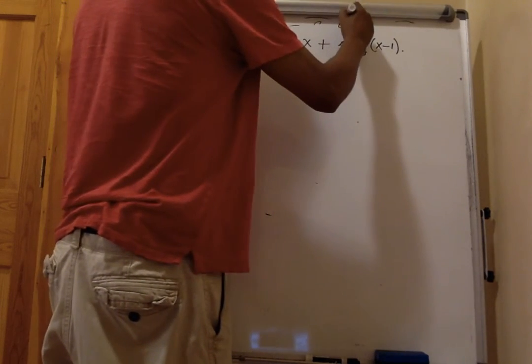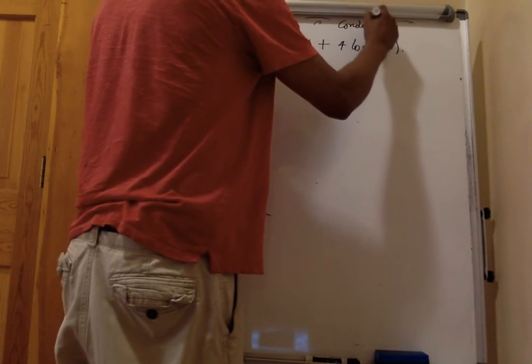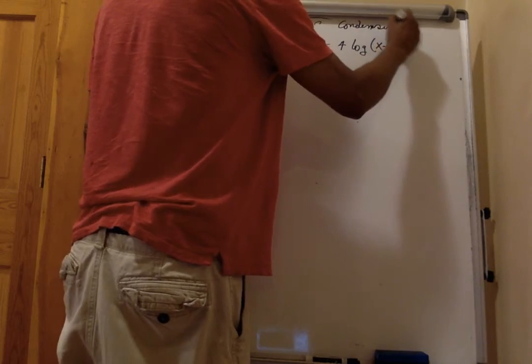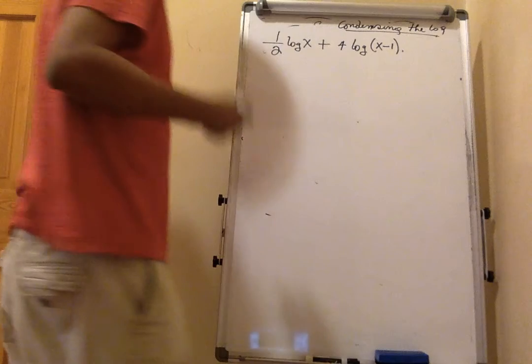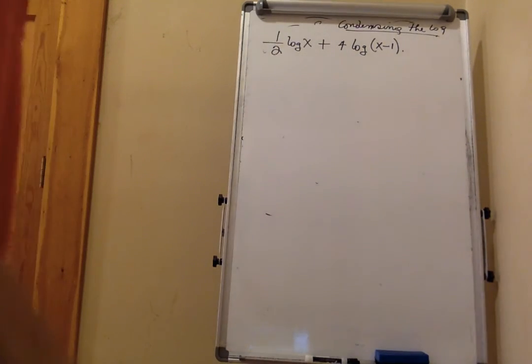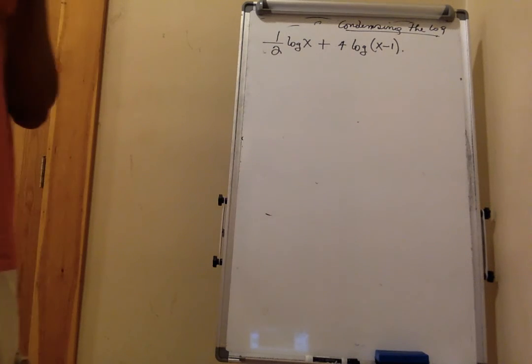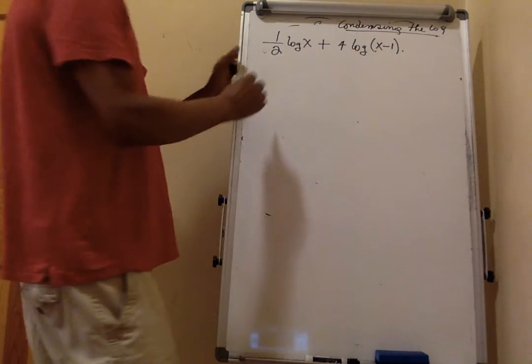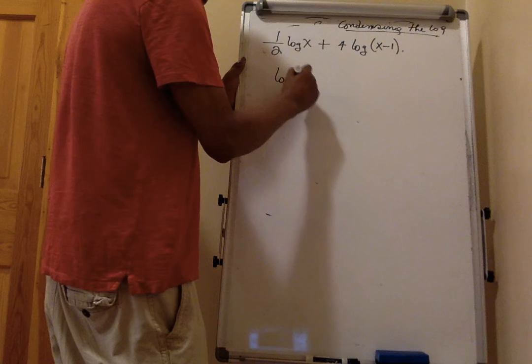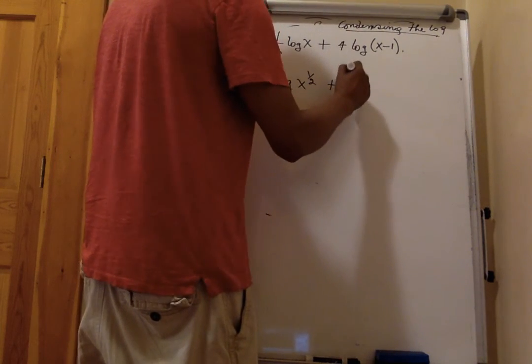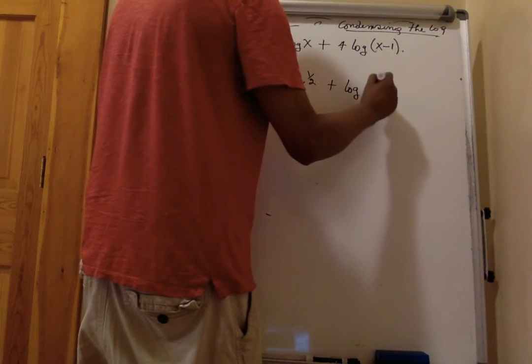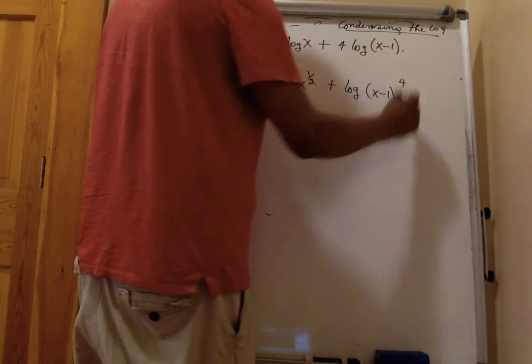So condensing. Okay, so again we are doing the reverse here. So before we do the condensing, let's get rid of the half. So change it into log x to the half plus, again the same thing, log of x minus 1 to the 4.